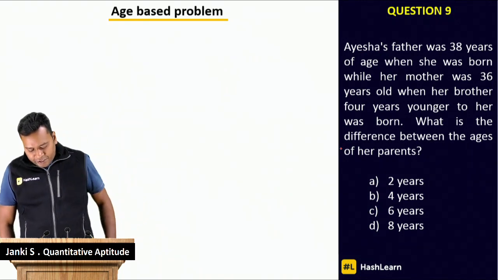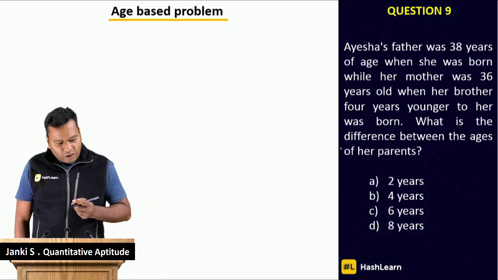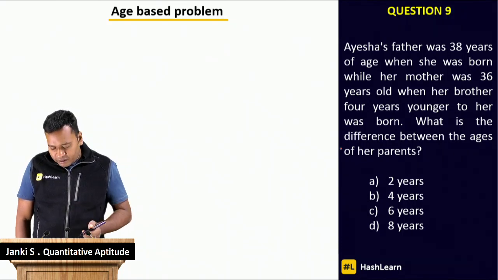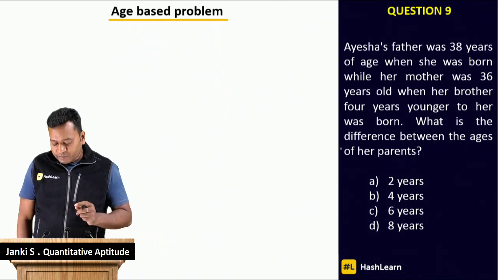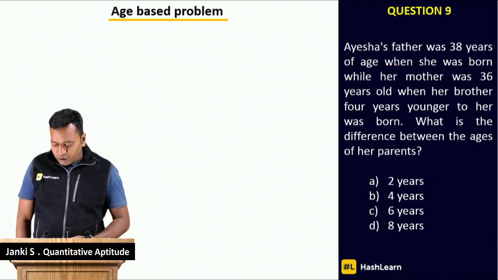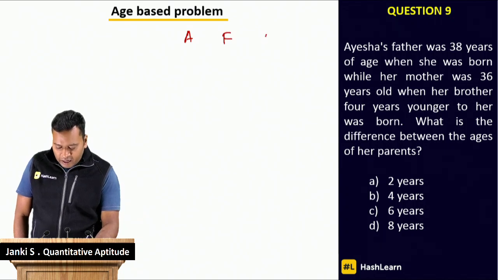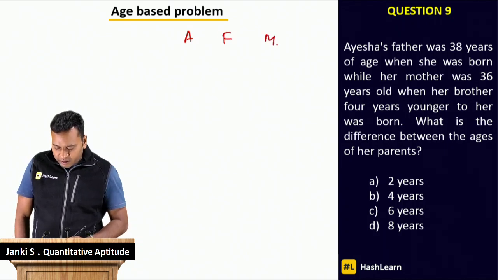Right. Now question number 9. Sometimes the questions will be wordy, which you have to identify, but maximum time you have to check the clues if it's a wordy part. So Aisha's father was 38 years of age when she was born, while her mother was, so I'll mark Aisha, father and mother, right? Aisha's father was 38 years of age.